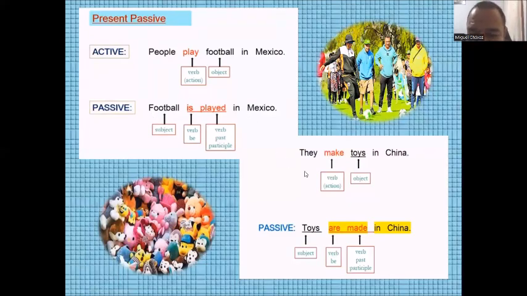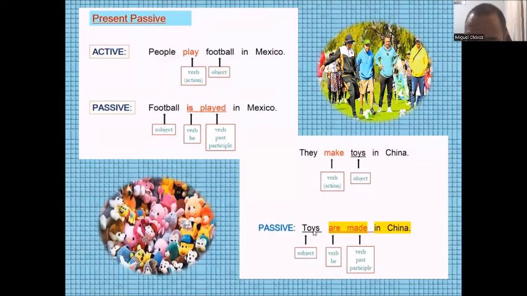Let's see another example. They make toys in China. They, the subject, make, the verb, toys, the object. This is the active voice. Passive: Toys are made in China.